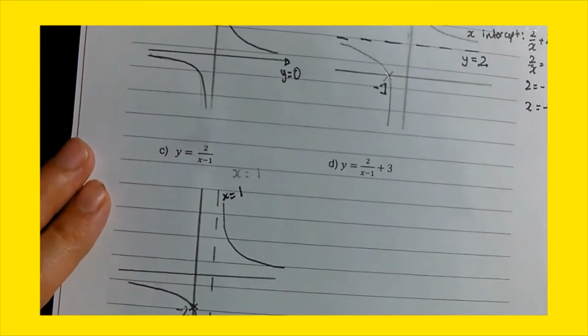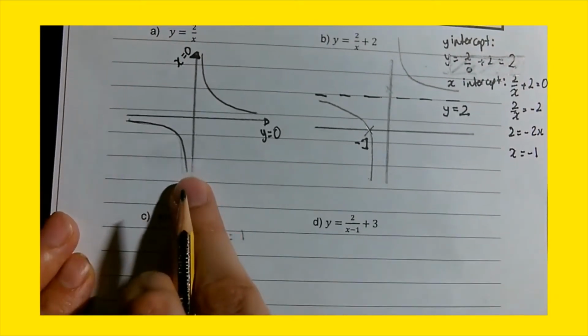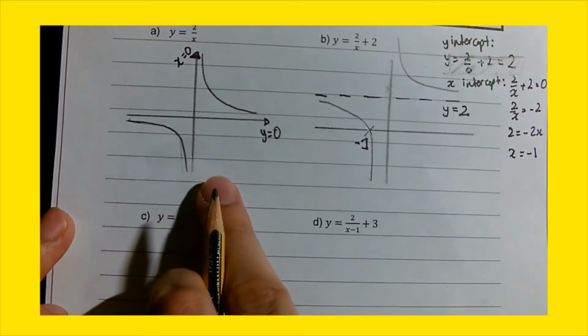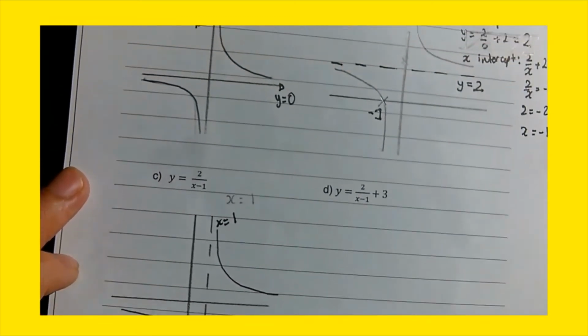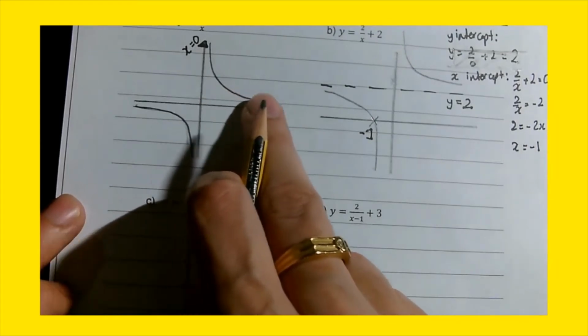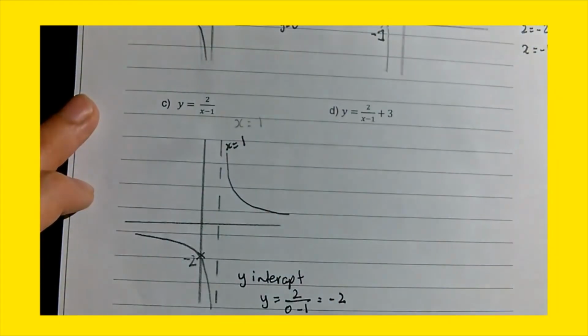The graph has been shifted to the right by 1, hasn't it? This is what 2 over x looks like, and if I just move it to the right, it's going to cut the y-axis, and this section of the graph just goes to the right, and the asymptote also goes to the right, which is x equals 1.